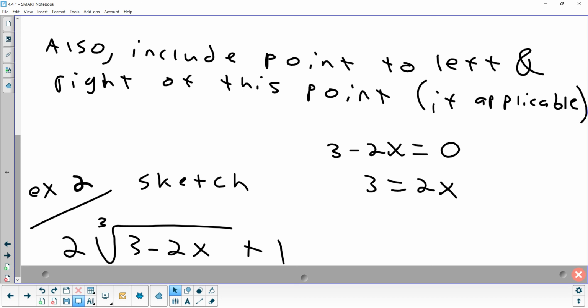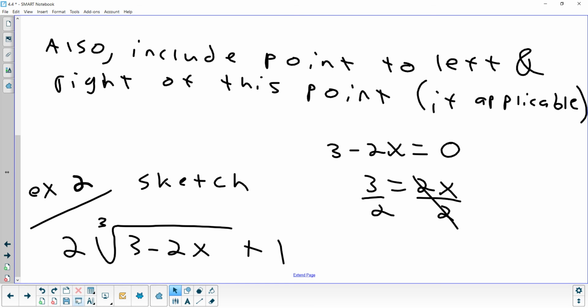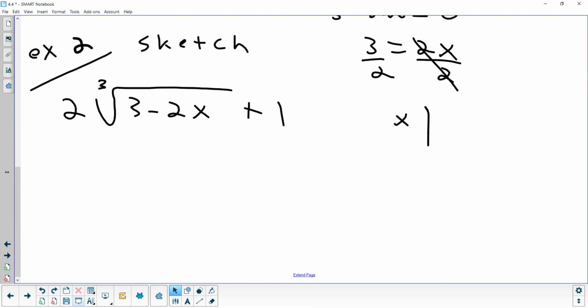And Casey, my last step there would be divide by 2, divide by 2. So Matt, what's my x value? Let's just do it as a decimal because we're going to graph it. 1.5. Yep, so my x value is 1.5.